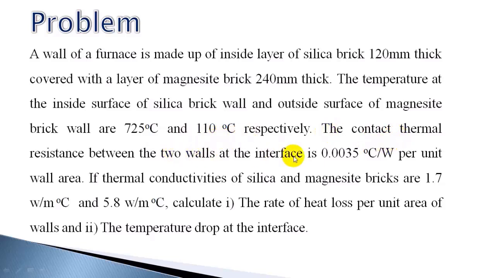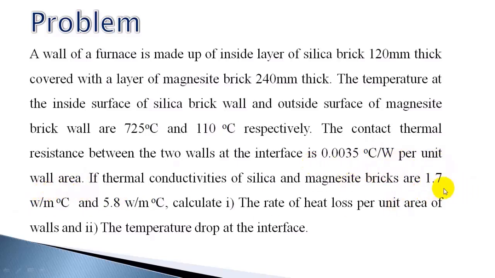The contact resistance in between is 0.0035 degrees centigrade per watt per unit area of the wall. So this is for unit area, so much is the resistance. You can say RC is 0.0035 meter square degree centigrade per watt. Instead of specifying it's for unit area, this is a total resistance for unit area.